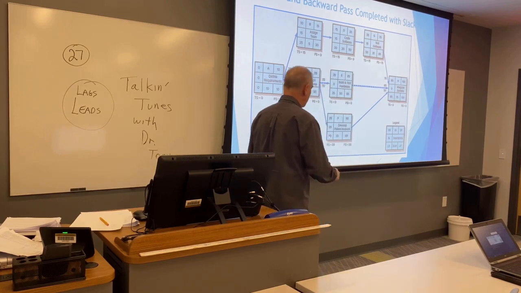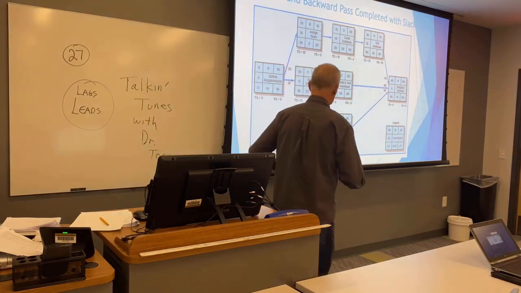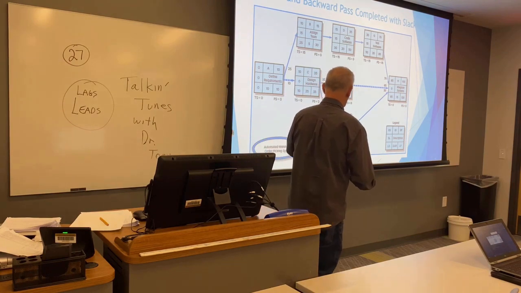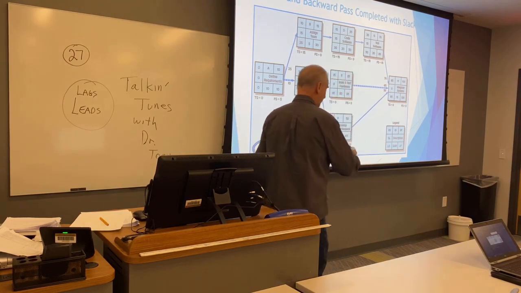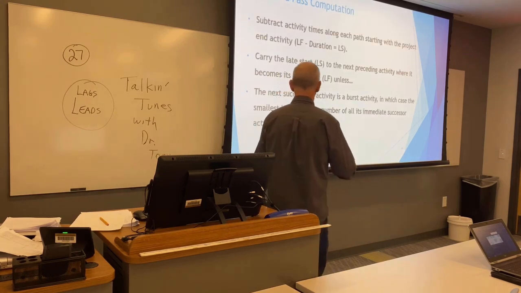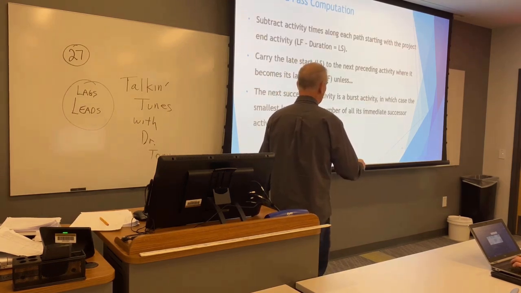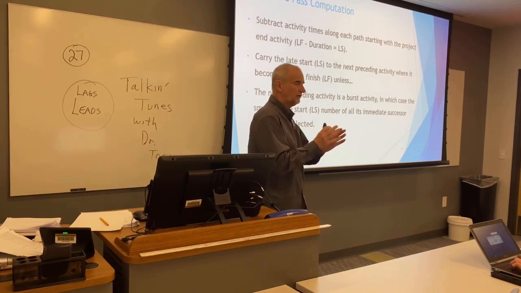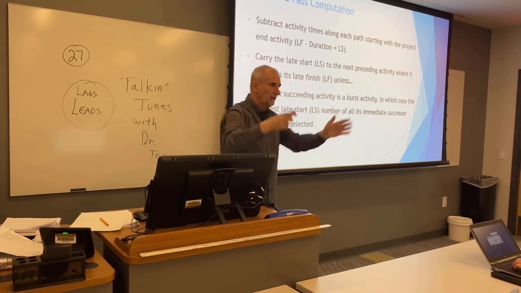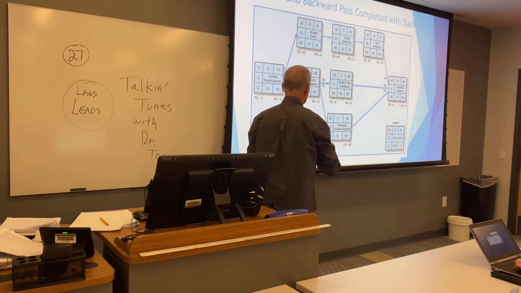Because now you take this, and now, good one. There's an unless. You see this? If there's a burst activity, remember a burst is 1 lane to 2 lanes, right? There is a burst. You see the burst?